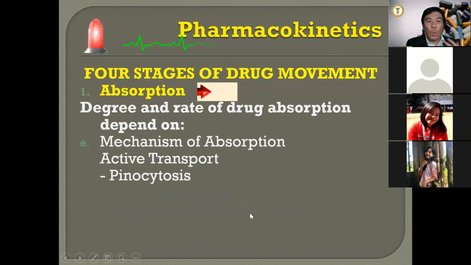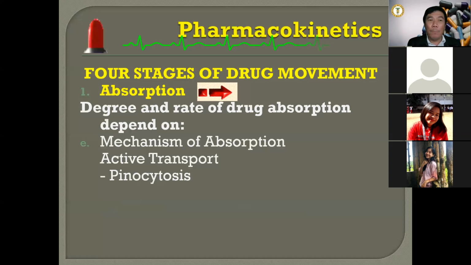Moreover, when it comes to pinocytosis, the absorption takes place to various compartments of the body. So probably the absorption could be via some of the fluids present in the body. Example, in the heart, we have pericardial fluid.